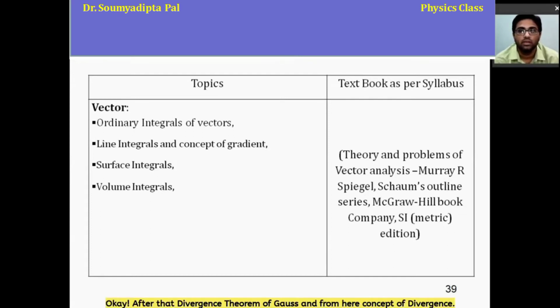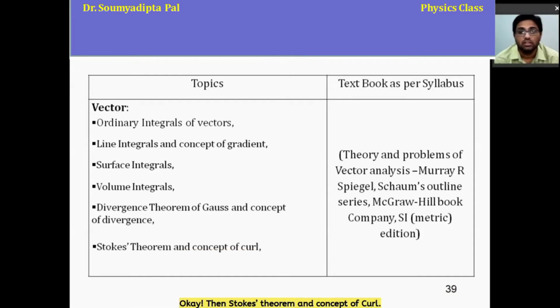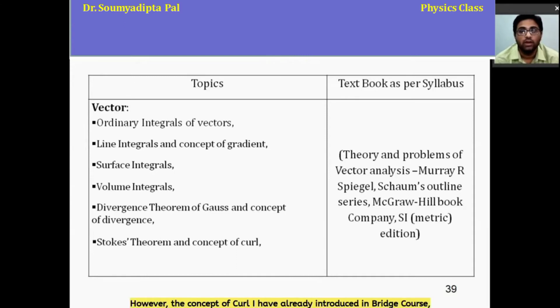Okay. After that, divergence theorem of Gauss, and from here the concept of divergence. Then Stokes theorem and the concept of curl. However, the concept of curl I have already introduced in the bridge course in electrostatics, right?